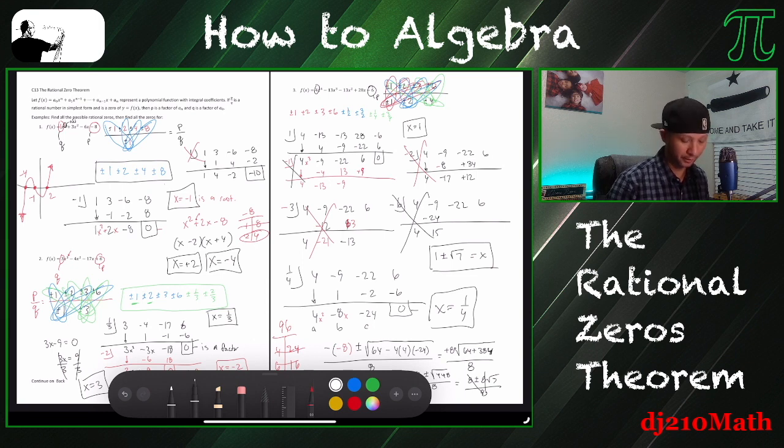Rational numbers would be a fraction. So hopefully this helps out in understanding how to use the rational zero theorem.